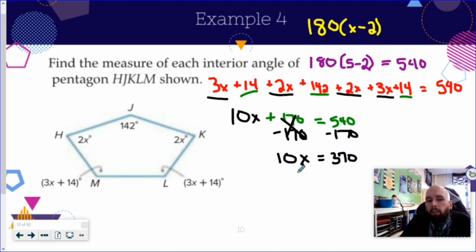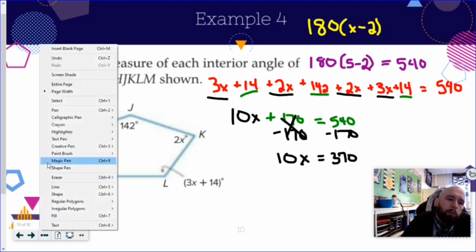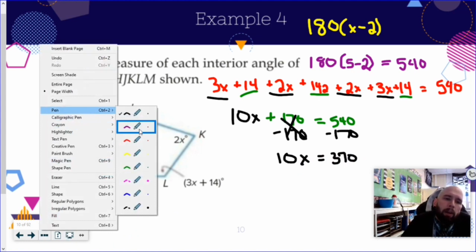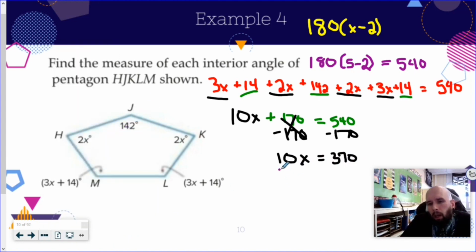Is x all by itself? No. 10's being multiplied, so let's divide both sides by 10. And x is going to end up equaling a nice, not nice, 37. Wow. One day my age will be 37. One day, many years from now.